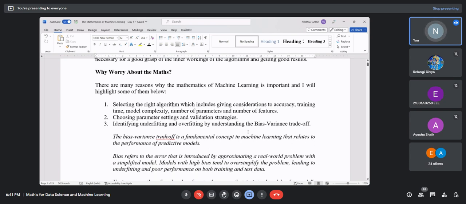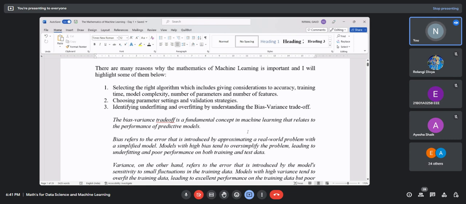There are many reasons why mathematics is important for both data science and machine learning. The first reason is selecting the right algorithm, which includes considerations of accuracy, training time, model complexity, number of parameters, and number of features.